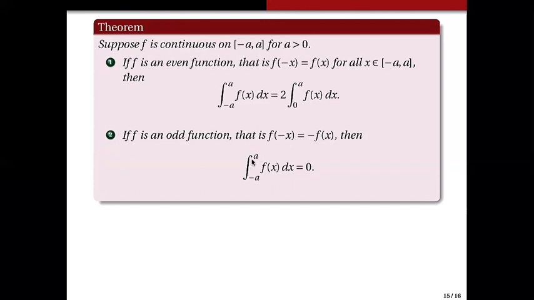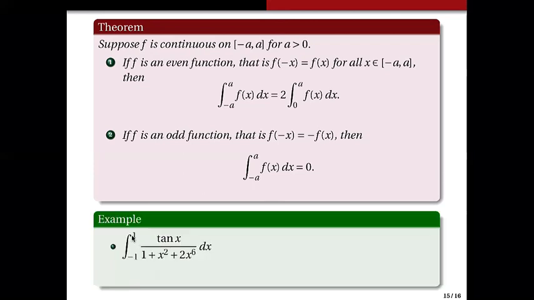And you'll see, if you have some even function or some odd function, you will definitely get this identity here. For example, here, the integral from negative 1 to 1 of tangent x over 1 plus x squared plus 2x to the 6 dx.